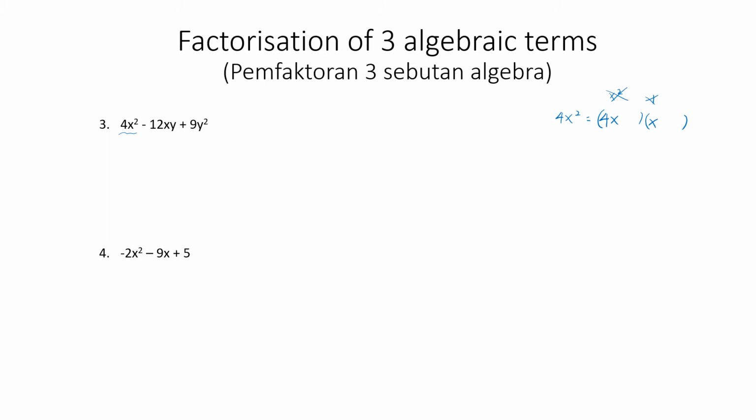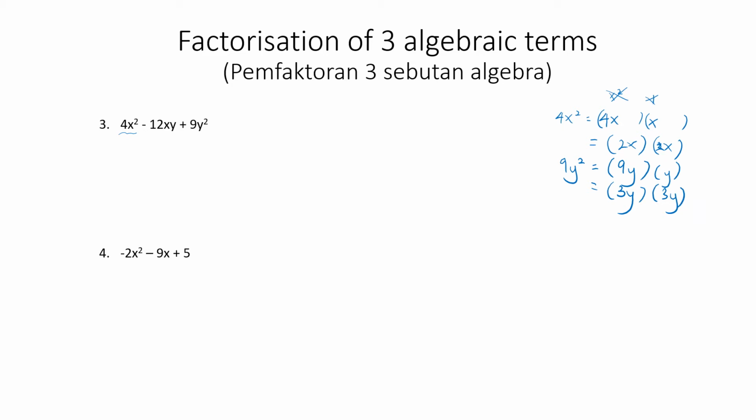It can be 4x multiplied with x, or 2x multiplied with 2x, and 9y squared can be from 9y multiplied with y, and 3y multiplied with 3y. These are all the possible outcomes.